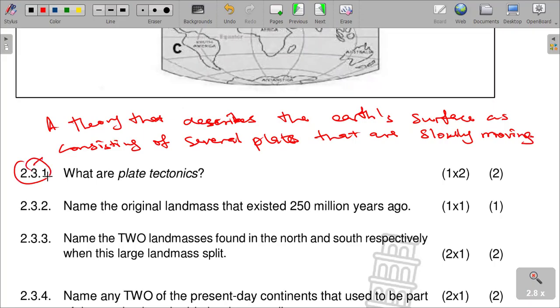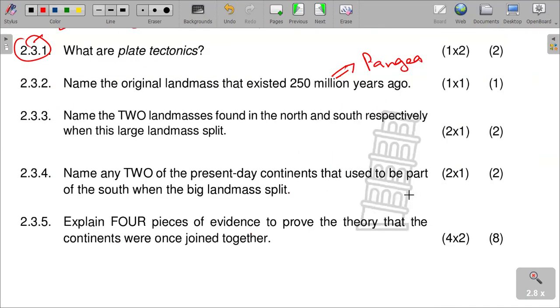And then name the original landmass that existed 200 million years ago. So before everything, it was called the Pangaea. And then name the two land masses found in the north and south respectively when it splits.